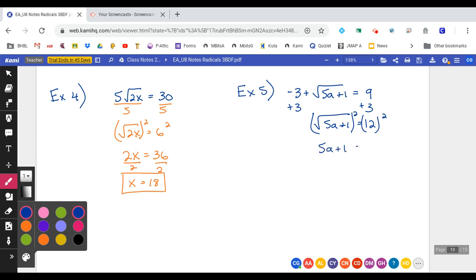So 5a plus 1 equals 144. Divide that by 5, I get that my a value is 28.6. Now again, you could take a calculator, plug that in, and you'll find that that indeed gives you that answer.